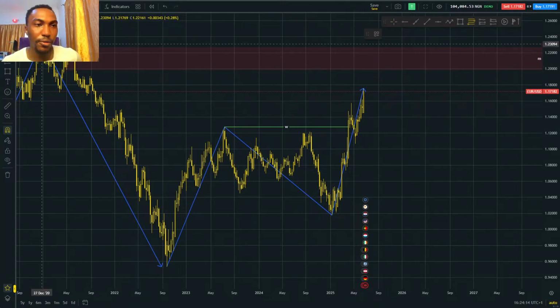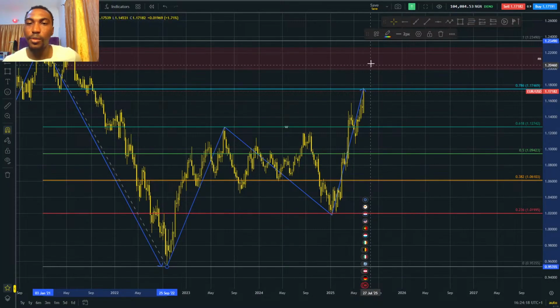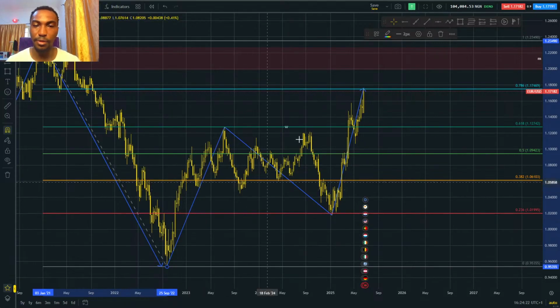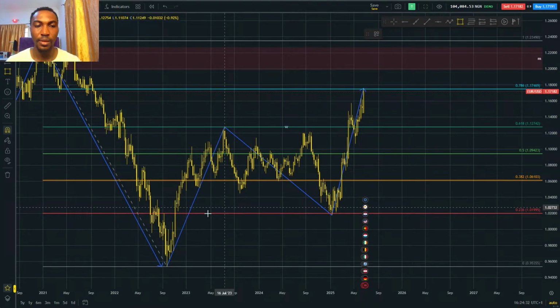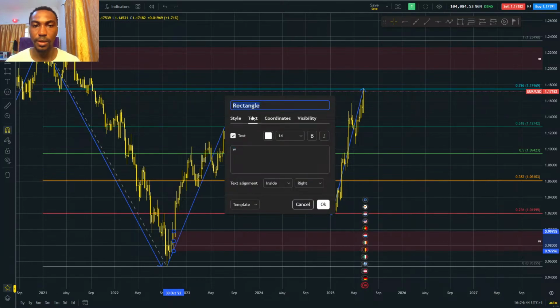If we draw the fib retracement from here to here, you're already way into the premium zone of this entire run, and buying here as a swing trader, that's dangerous. That's really dangerous. Though there is this low as a supply zone, right? This is still your weekly supply zone, right?